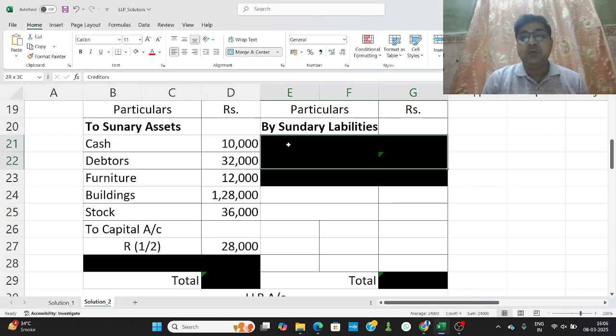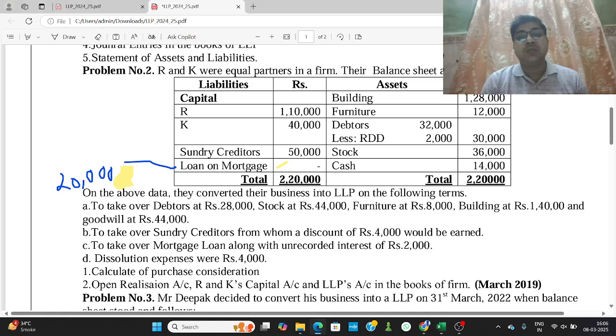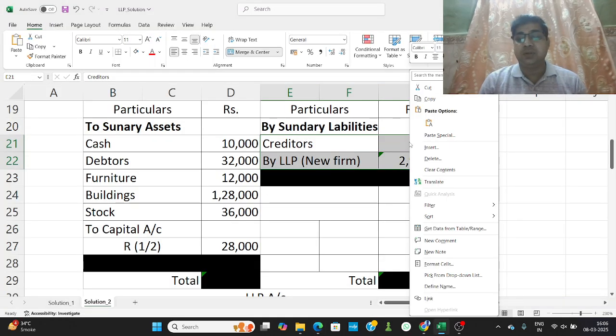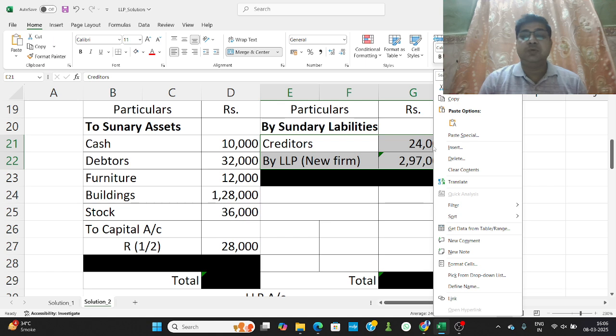In the same way, we have to record the liabilities in the realization account, credit side. The liability is 50,000 that we have to record here.